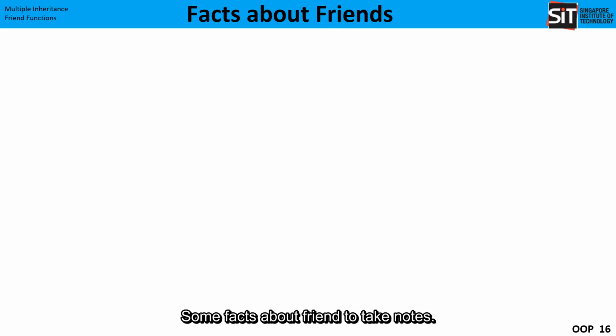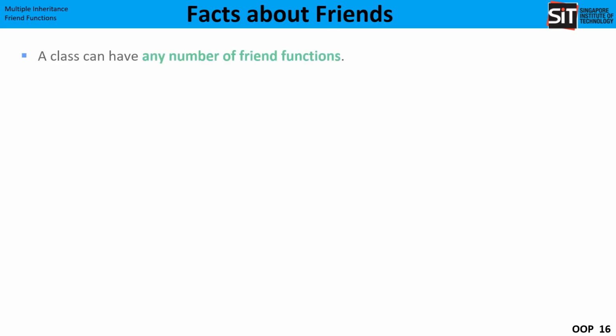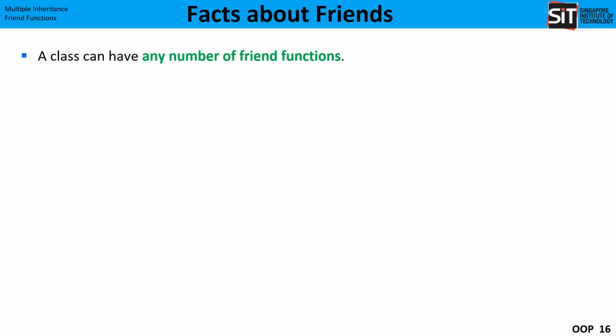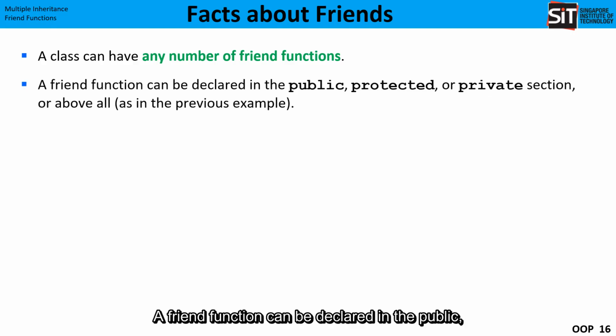Some facts about friends to take note. A class can have any number of friend functions. A friend function can be declared in the public, protected, or private section, or above, as in the previous example.